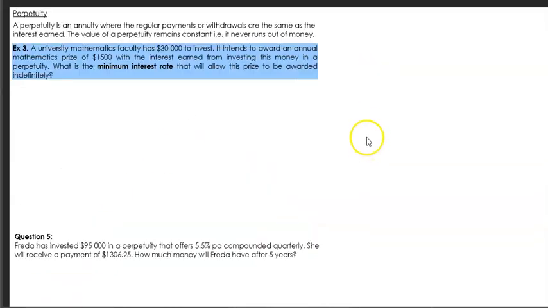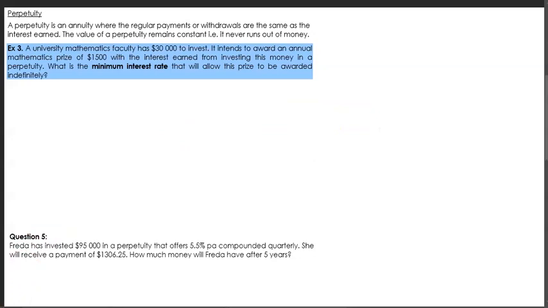Alright, let's get into perpetuity. Perpetuity is essentially the same thing as annuity, but the difference is when you get regular payments, or when you do withdrawals from your investment, this is going to be exactly the same as the amount of interest that you earn as well. What do I mean by that? So let's say me, let's draw me.